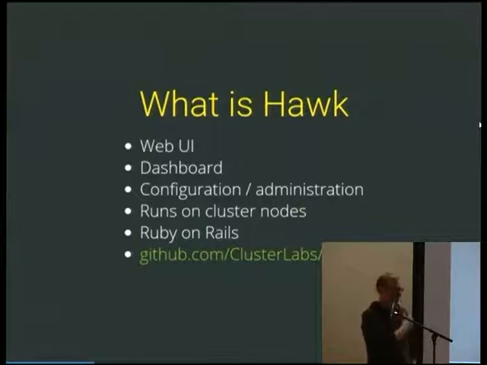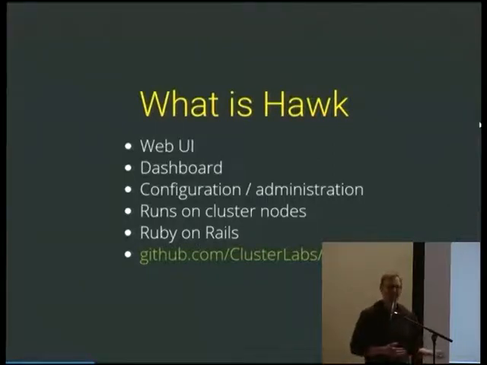So Hawk is basically a user interface for the cluster software. It's a web UI written in Ruby on Rails. It runs on the cluster nodes themselves, so it's installed as a package on the cluster nodes, and you access it by accessing a certain port on the cluster node.